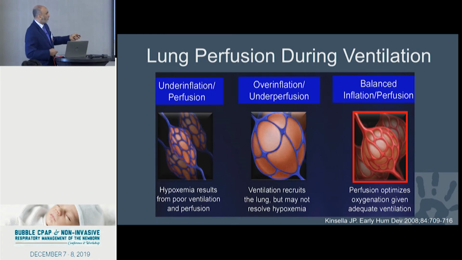But when you are overinflating, you are overstretching the vessels, so you end up with thinning and increased pulmonary vascular resistance. And of course, with underinflation, the problem will be with ventilation itself. So we really don't want to come to that place.